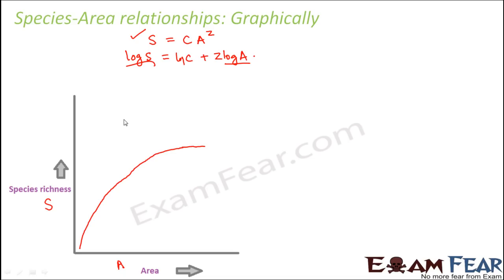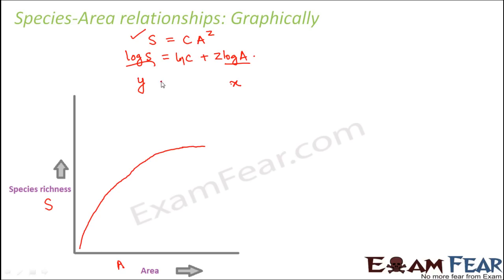Any idea? Now let us look at this equation in even more detail. Let us say we want to plot a graph where instead of S, we take log S on the y-axis and we take log A on the x-axis. So in that case, log S is our y and log A is our x.